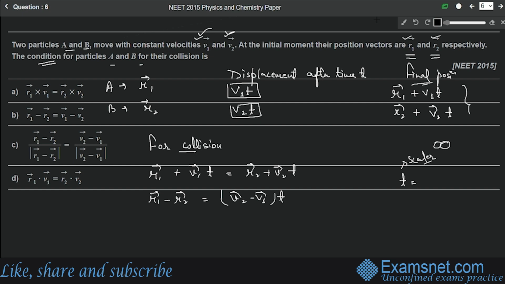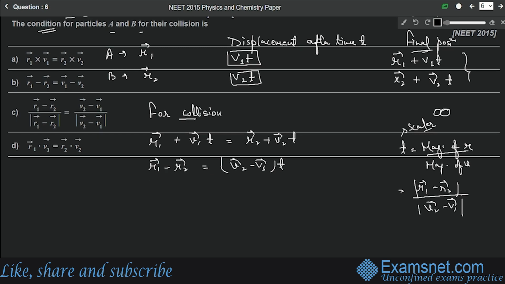So the magnitude of t will be magnitude of displacement divided by magnitude of velocity. So magnitude of displacement will be magnitude of vector r1 minus vector r2, upon the magnitude of velocity, so v2 minus v1.